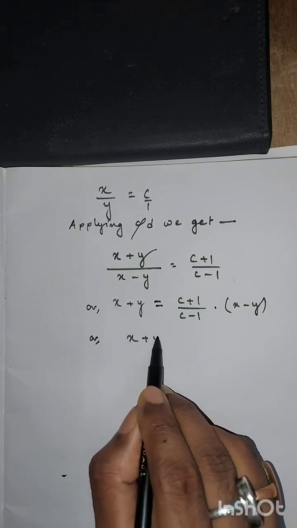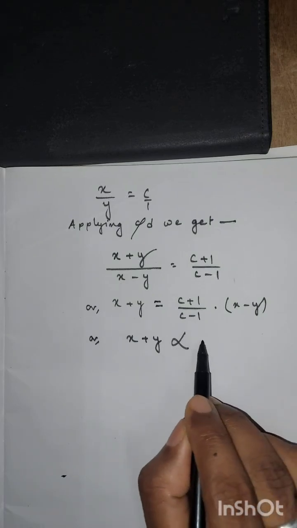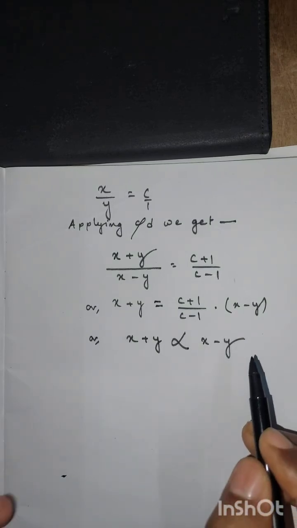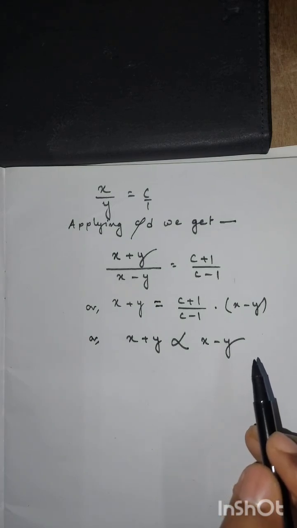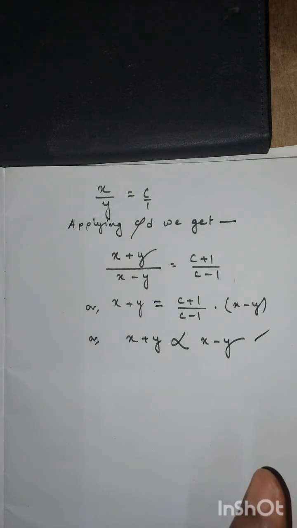So x plus y varies as x minus y. So this is our required solution. We had to show this relation.